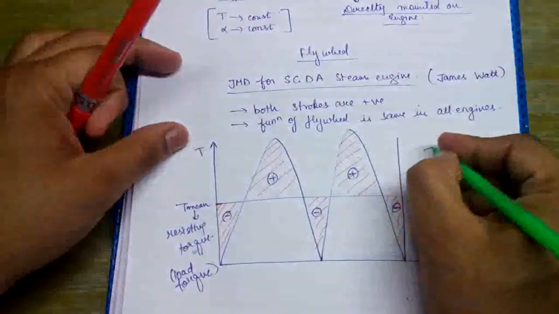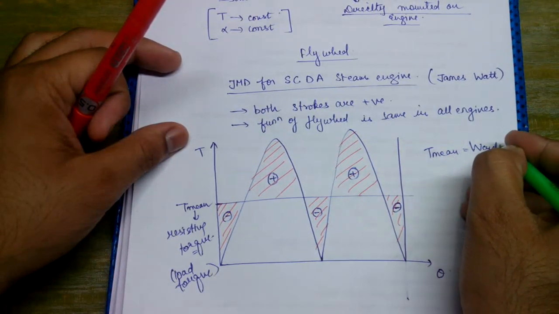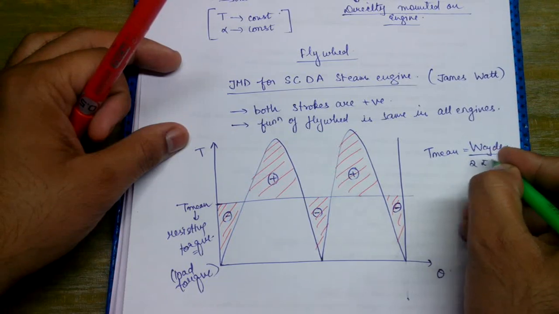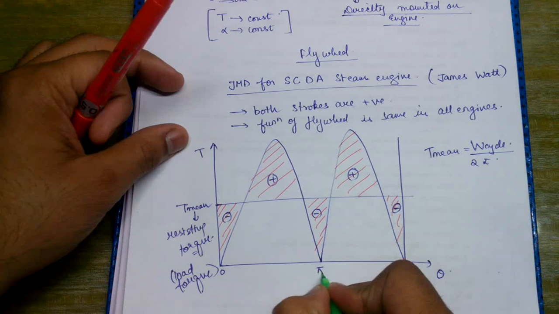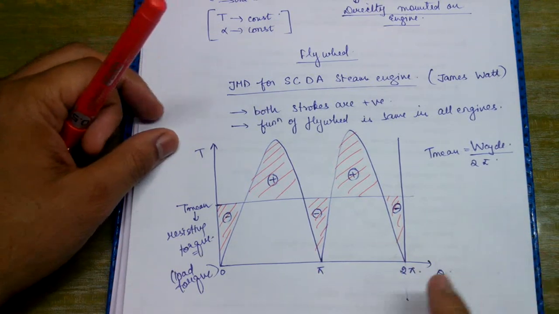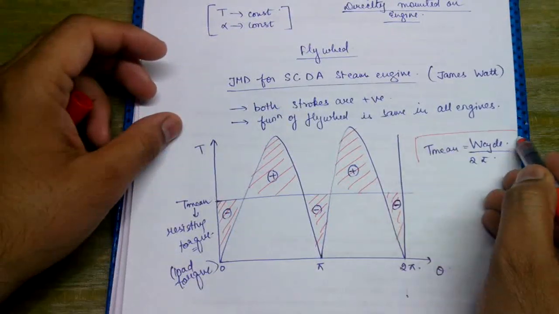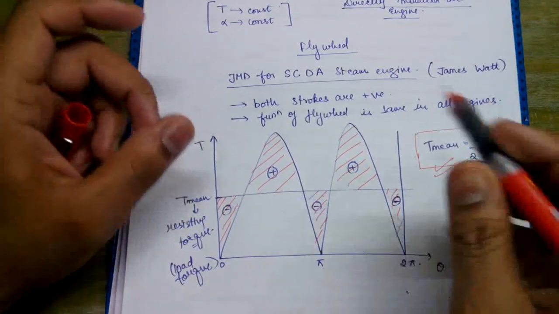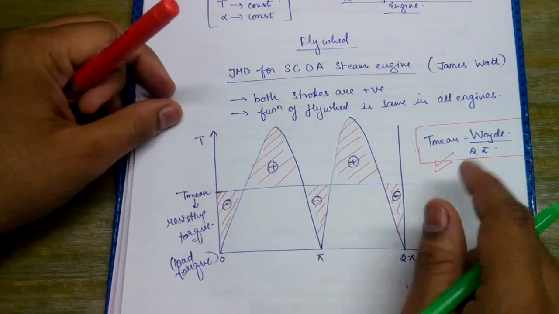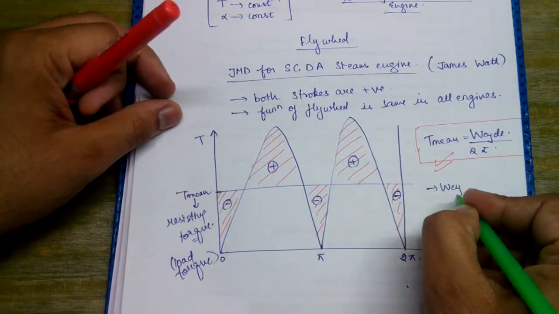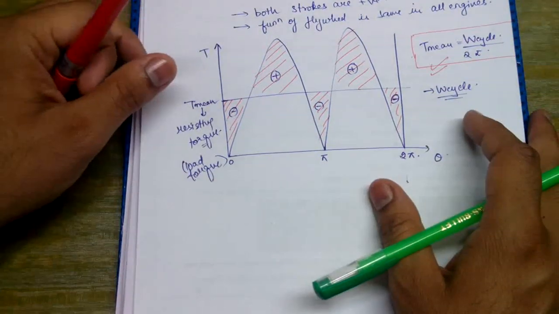The mean torque is defined as work done per cycle upon 2 pi, because here this is 0, this is pi, and this corresponds to 2 pi. So W cycle divided by the total angle of the cycle, 2 pi, will give us the mean torque, and the area of the T theta diagram in any cycle will give us the W cycle.